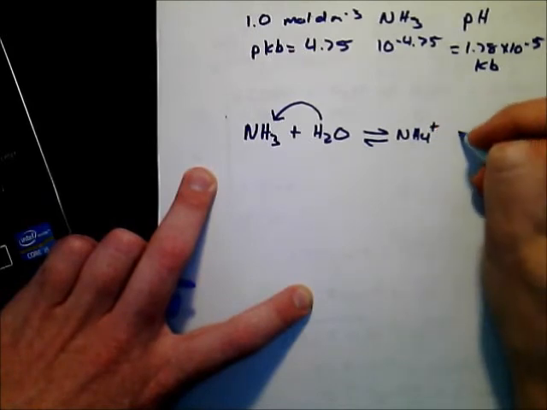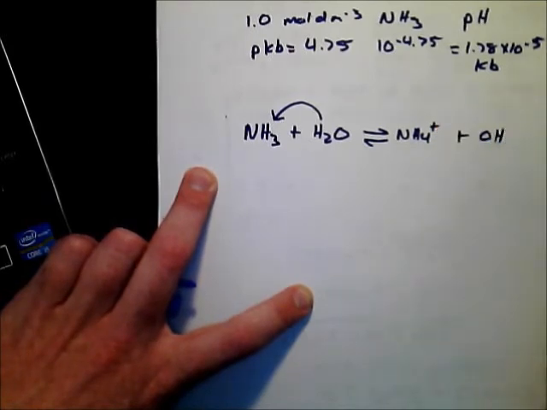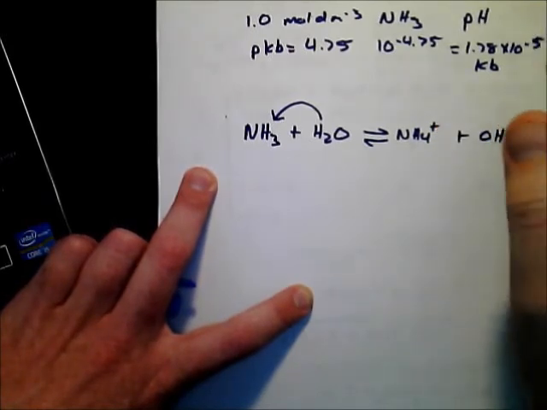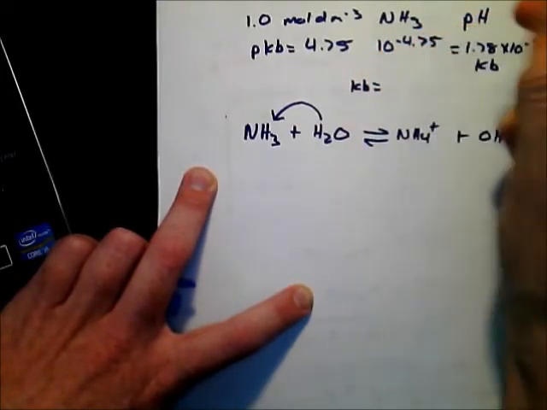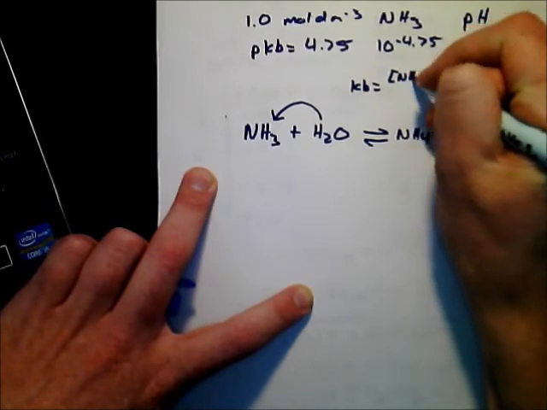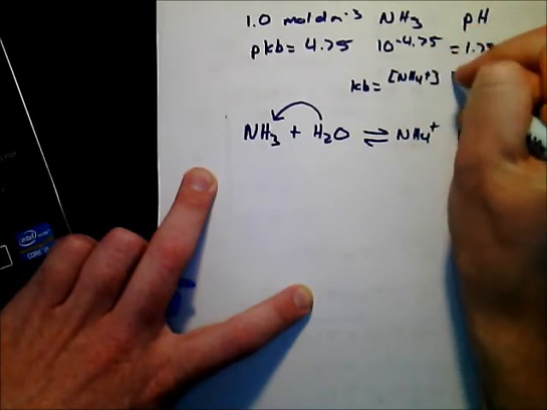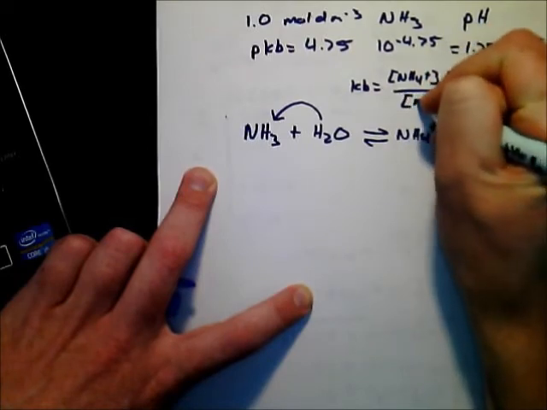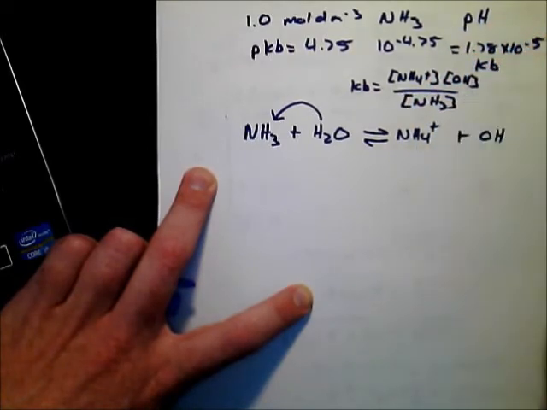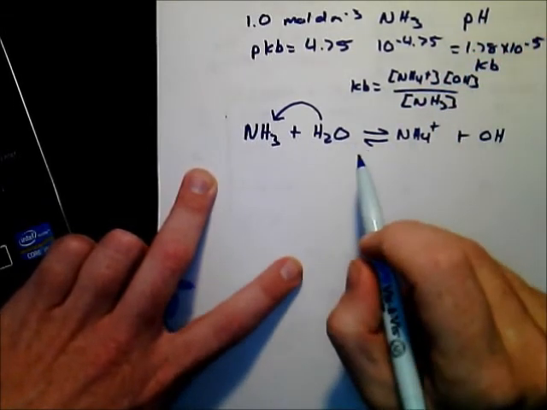We're going to form the ammonium ion and the hydroxide ion. And the equilibrium expression, products over reactants, is NH4+ times OH- on top, reactant on the bottom. Skip writing water because it's a pure liquid.